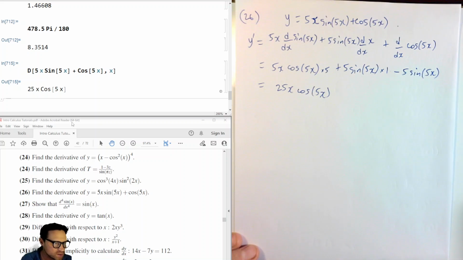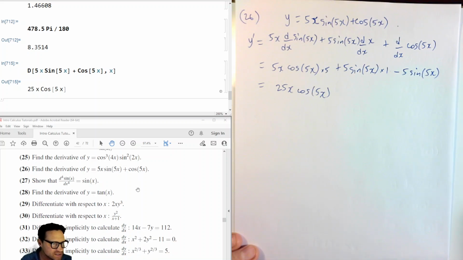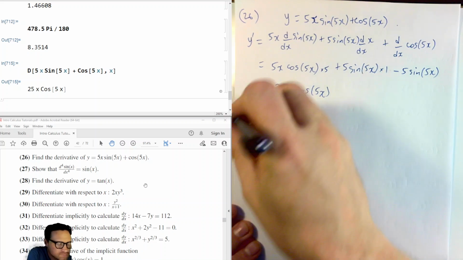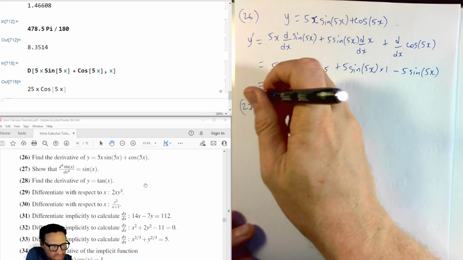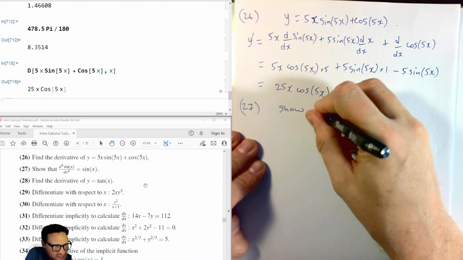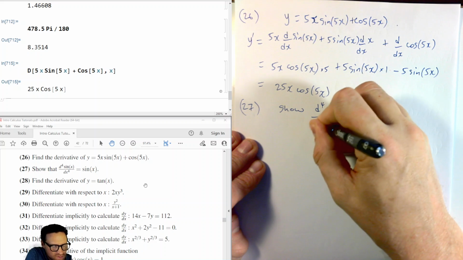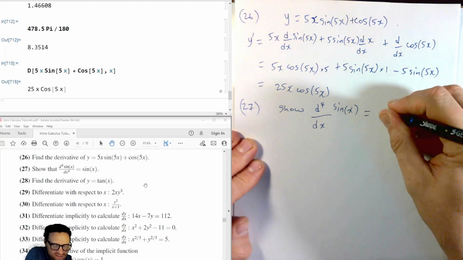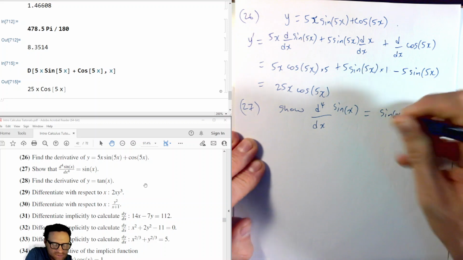So let's move on to question 27, which says, show that the fourth derivative of sine of x is just sine of x.